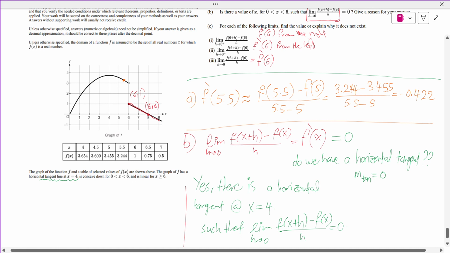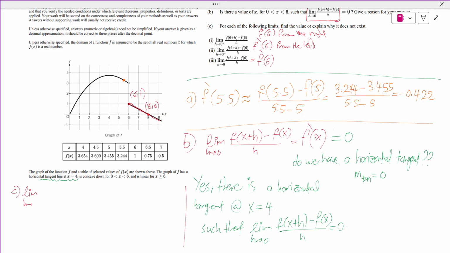One minute. So this is part C. The limit as h approaches 0 from the right of f of 6 plus h minus f of 6 all over h.